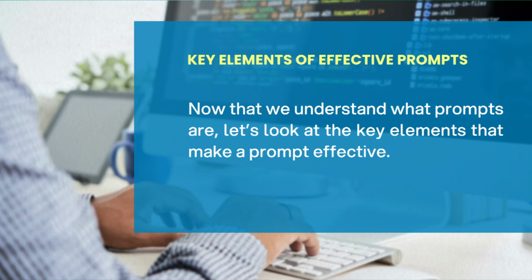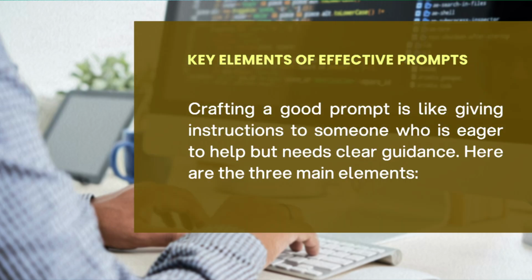In the next part, we will look at how to make your prompts even more effective with practical techniques. Now that we understand what prompts are, let's look at the key elements that make a prompt effective. Crafting a good prompt is like giving instructions to someone who is eager to help but needs clear guidance.